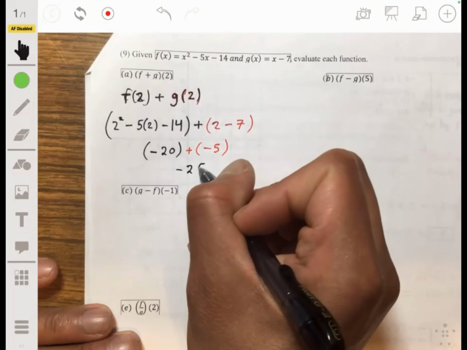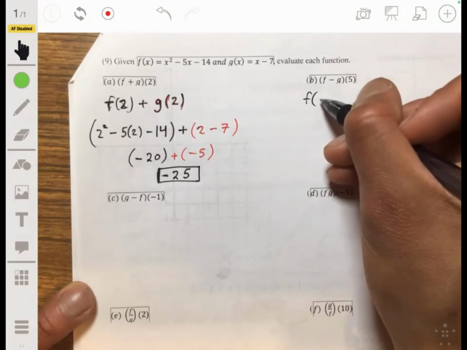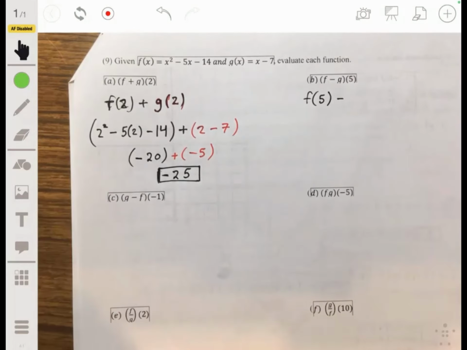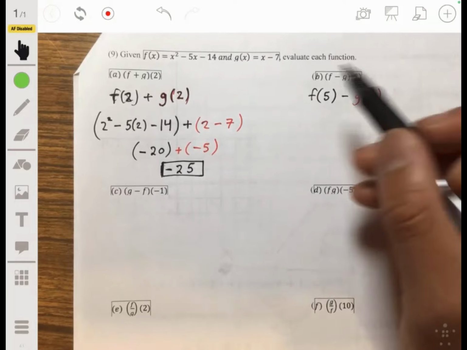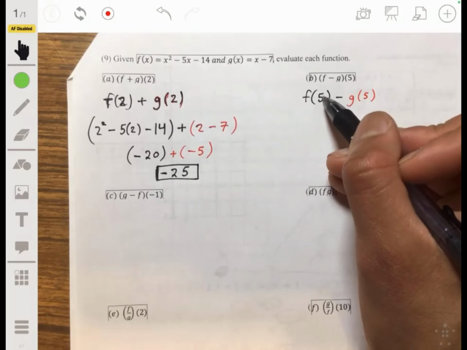For problem B, this is saying f minus g of 5, which is just f of 5 minus g of 5. So pretty much the same idea, except we're just going to subtract after we plug in 5 into f and g. So let's find f of 5.